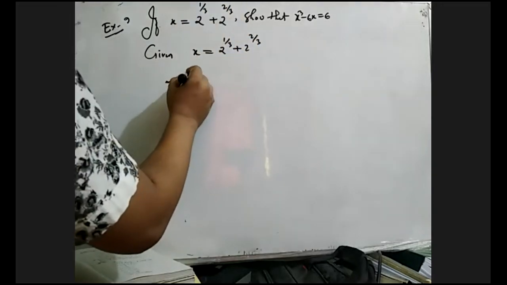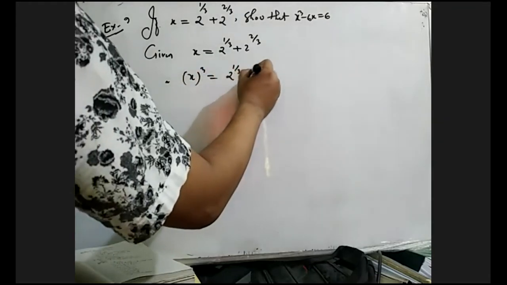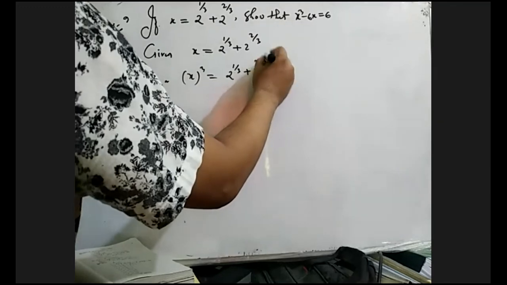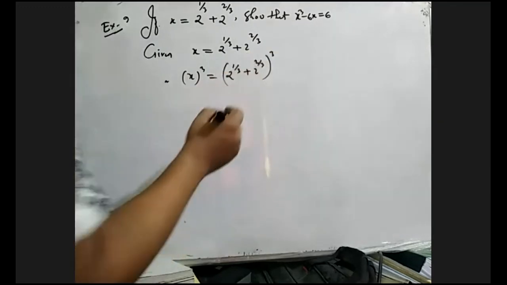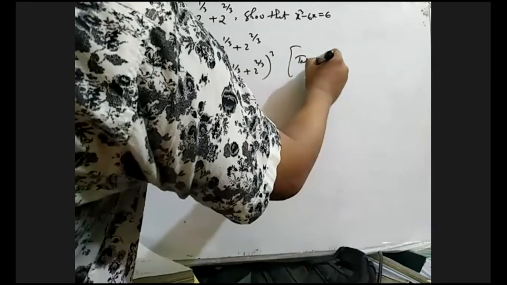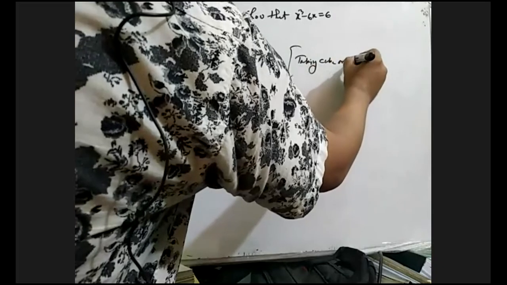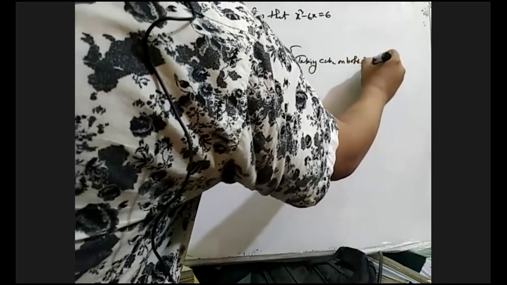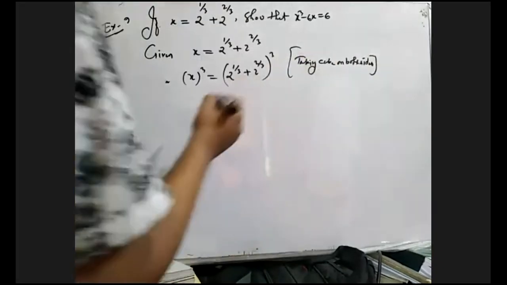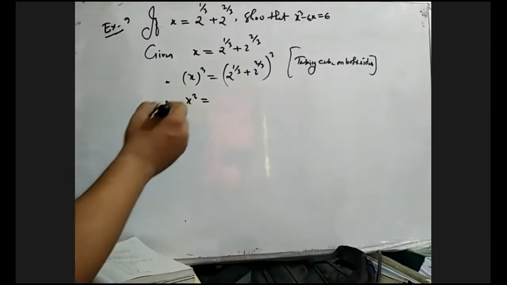So taking cube on both sides, making cube on both sides. So x cube equals, a plus b whole cube formula, do you know?